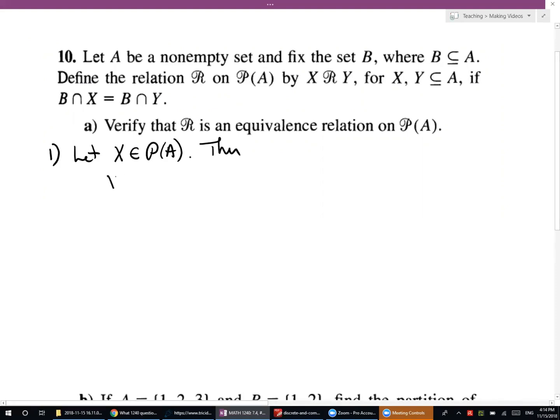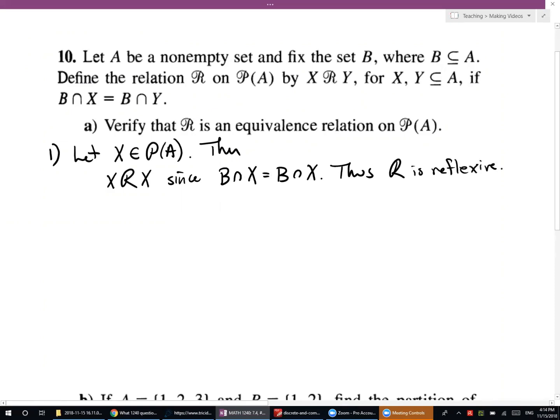So I need to show X is related to X, since the definition there would be B intersect X is the same as B intersect X, which of course is true. Thus, for that arbitrary element of the power set, X is related to itself. Thus, everything's related to itself. So R is reflexive.